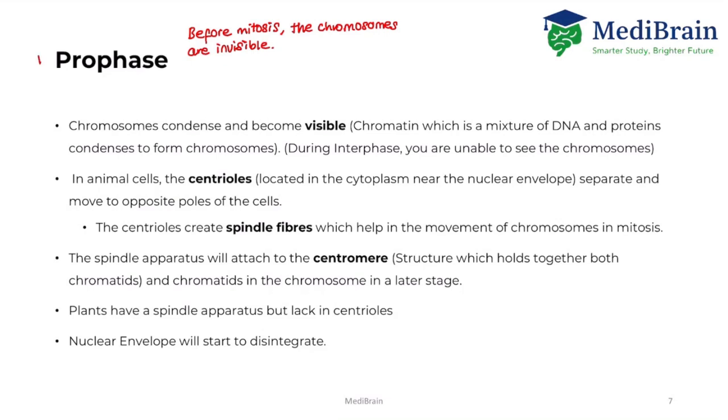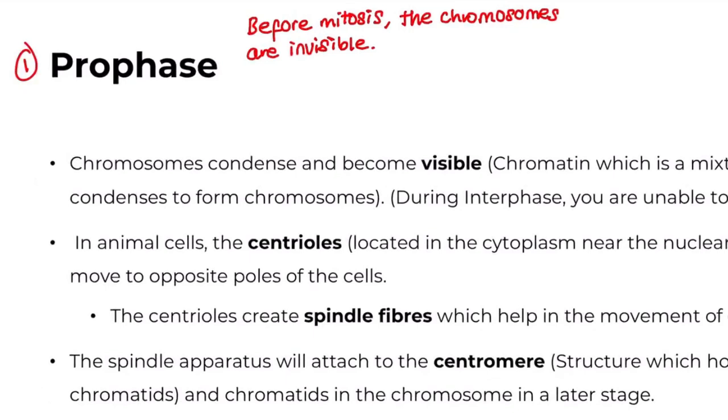Now, prophase is the first stage of mitosis, and in the first stage of mitosis, the chromosomes condense and become visible. Okay, this is a really important point. Normally in exams, when they ask you what actually occurs in prophase, this is one mark and this is another mark. So those are two marks in an exam. Chromosomes condense and become visible.